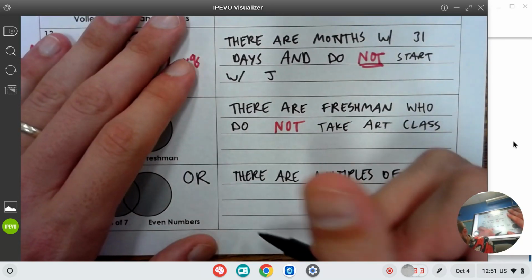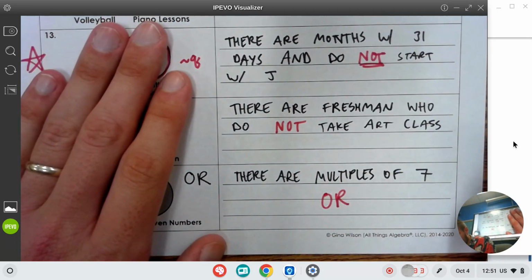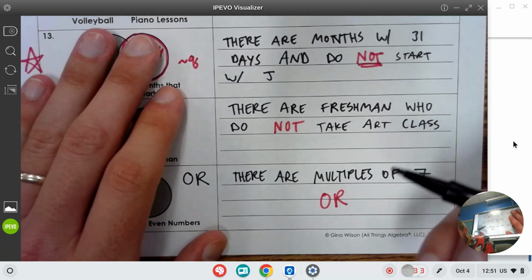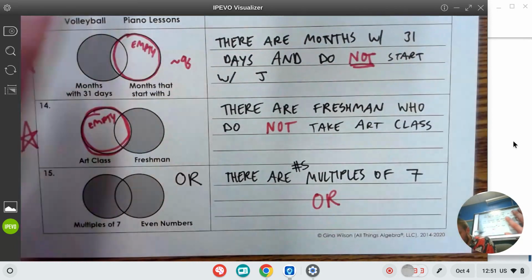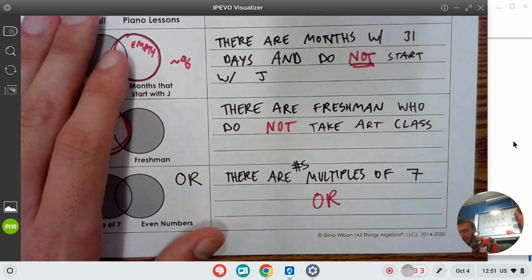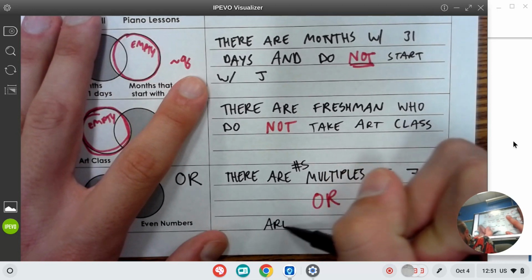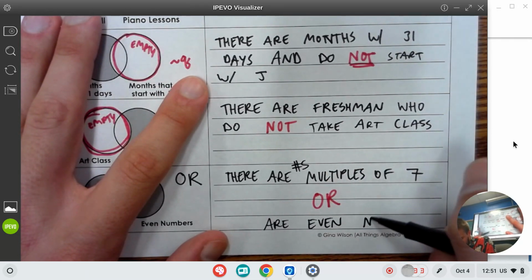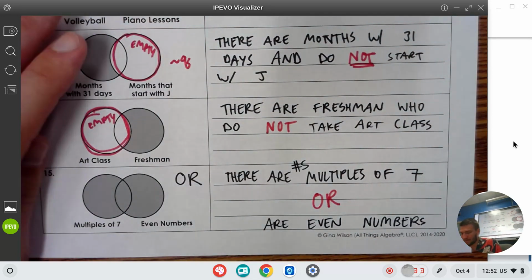Or there are numbers that are, there are multiples of, oh man, I've kind of botched this one a little bit. There are numbers. I need to at least some point say there are numbers. There are numbers that are multiples of 7 or are even numbers. Right? There's a little bit of both, right?